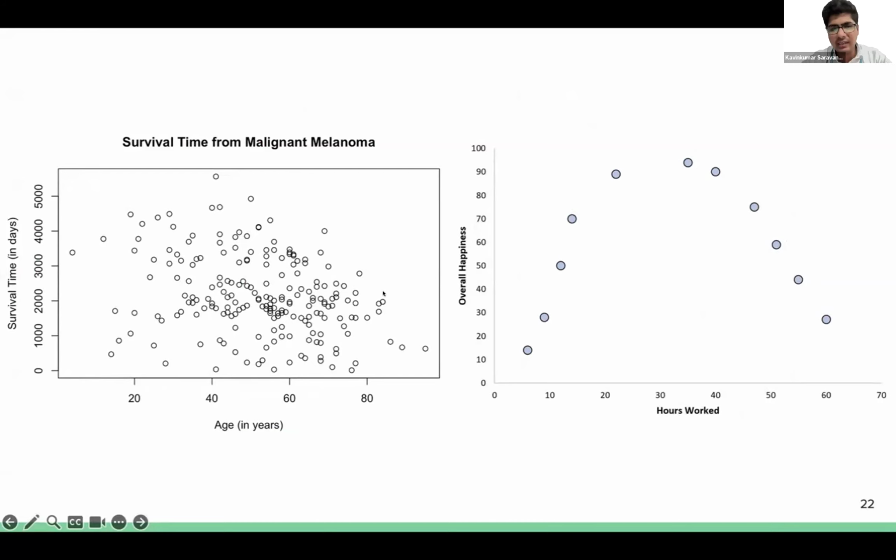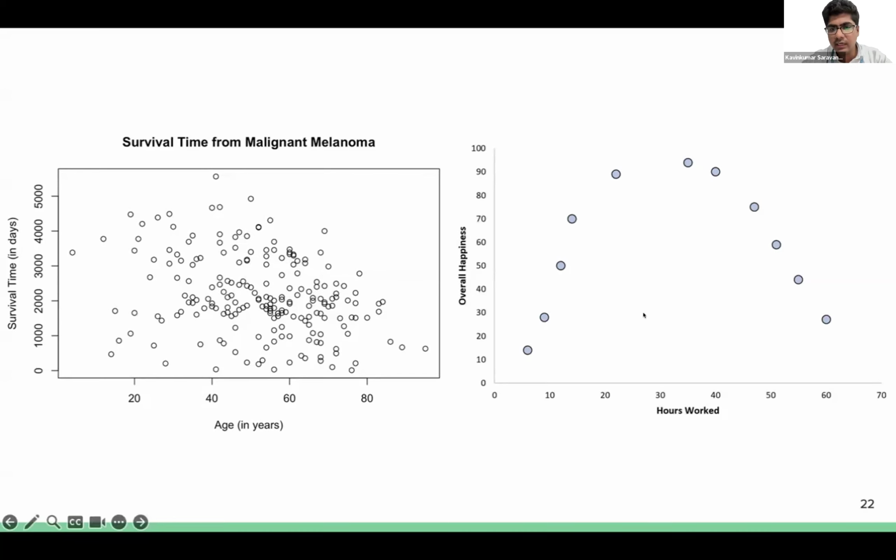Okay, it is neither a positive trend nor a negative trend. We could not see any trend going on in these dots. So it is a no linear relationship kind of figure.